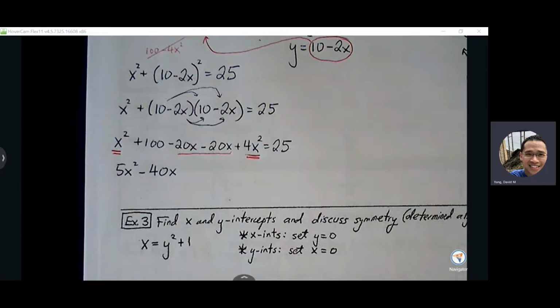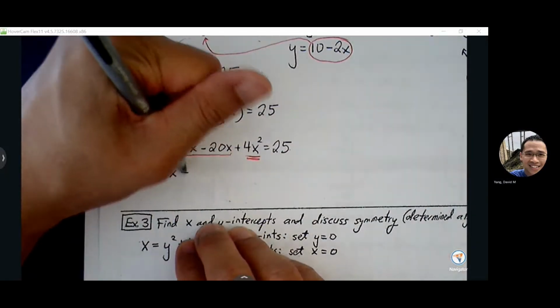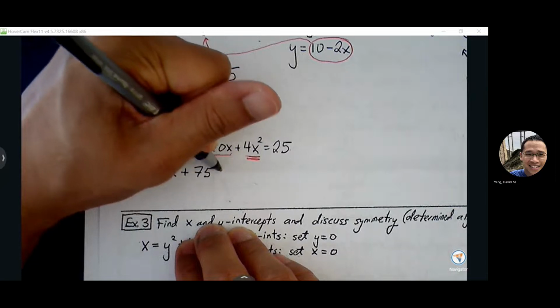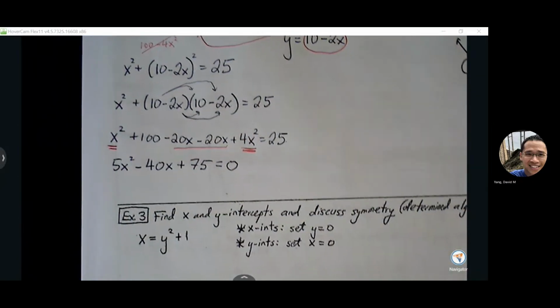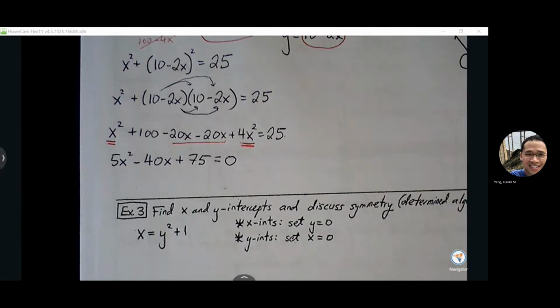And I can merge the 125 together, but I do need them on the same side. I'll subtract the 25 over to the left side, 100 minus 25. Any questions here?